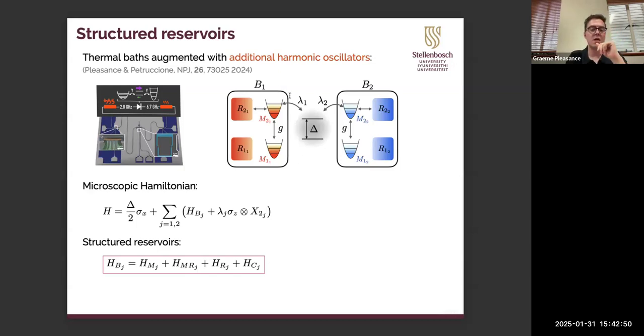But what I'll go on to show is that adding this additional oscillator into the reservoirs can produce similar scaling effects to what I showed in the previous slide, where instead of a quadratic scaling in the asymptotically weak coupling limit, you have a quartic scaling. So you can use this kind of reservoir engineering to produce alternative heat transport characteristics, as you can if you change the properties of the system-environment coupling operator.